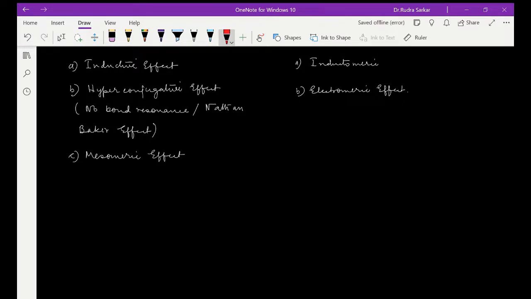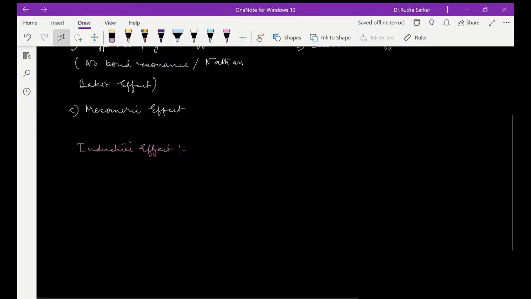Okay, so we are going to discuss the inductive effect. What is it?